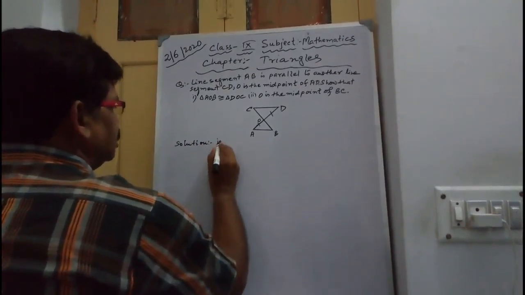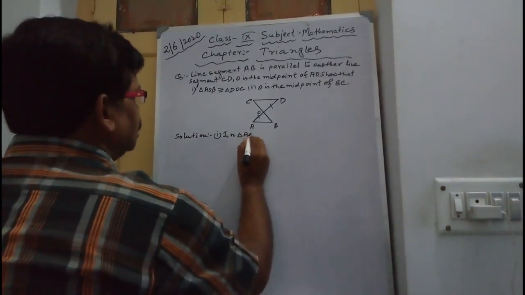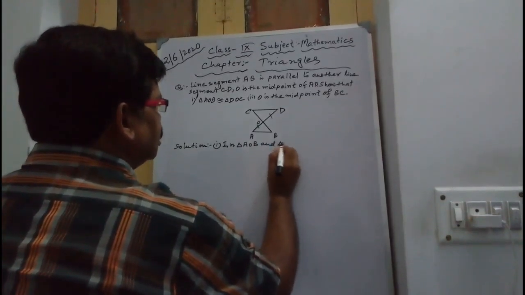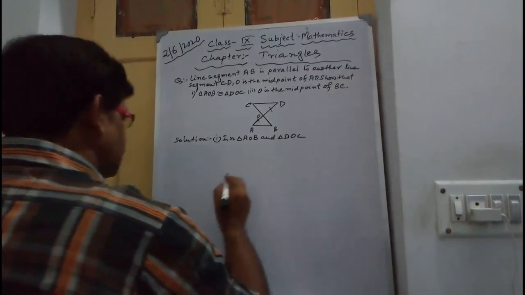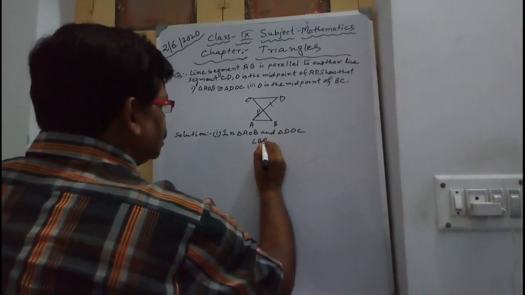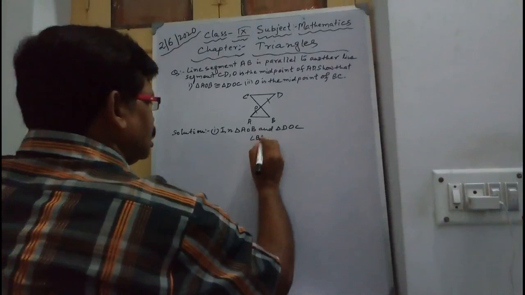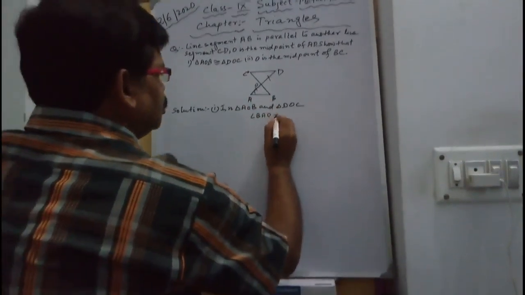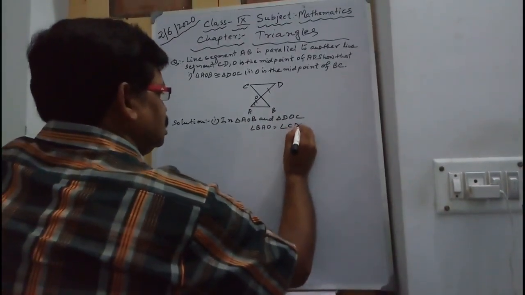So number one, in triangle AOB and triangle DOC, angle BAO is equal to angle CDO.